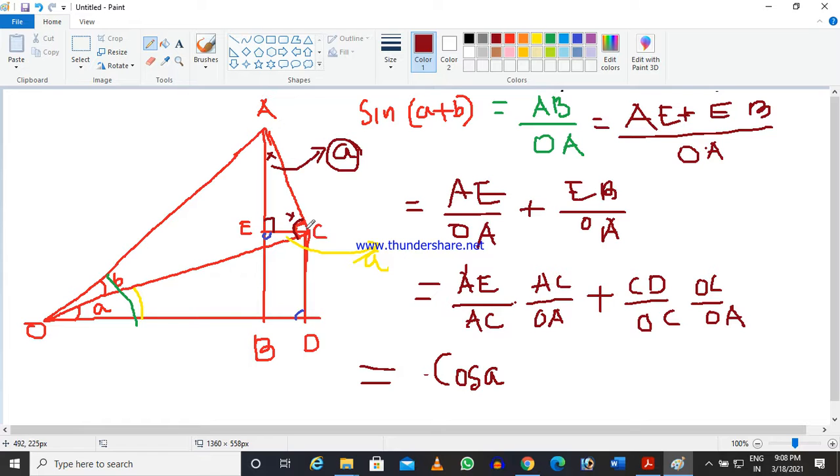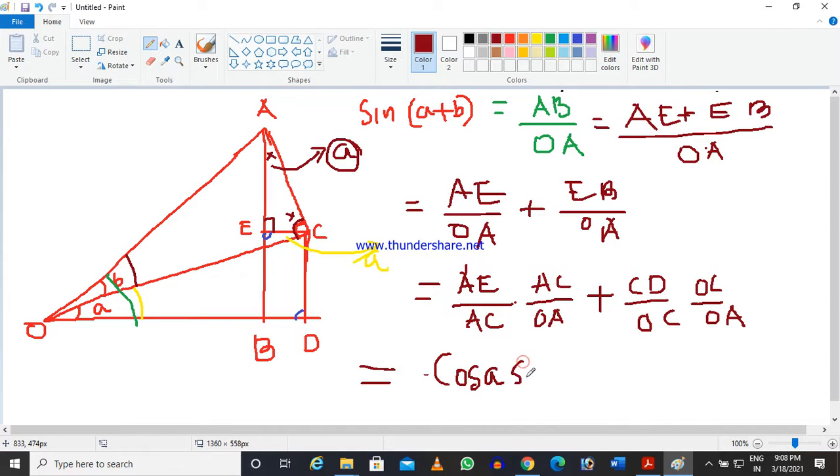OCA is 90 degrees, so AC is the opposite side of B, because this angle is B, and OA is the hypotenuse.